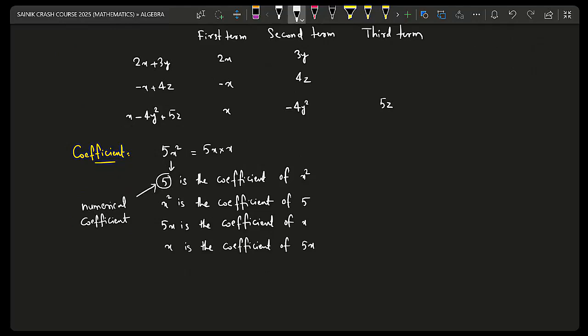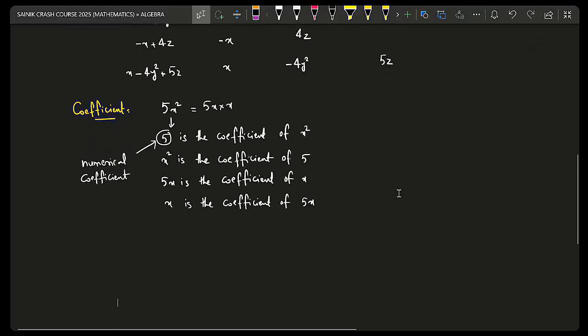Next we are going to discuss like terms and unlike terms. What do you mean by like terms? Two or more terms having the same variable part are called like terms. Same literal coefficients are called like terms.